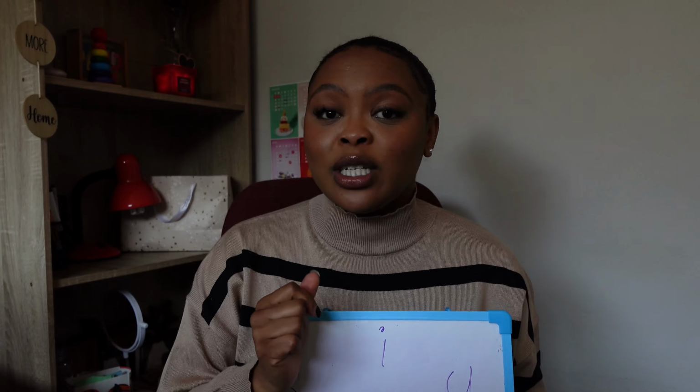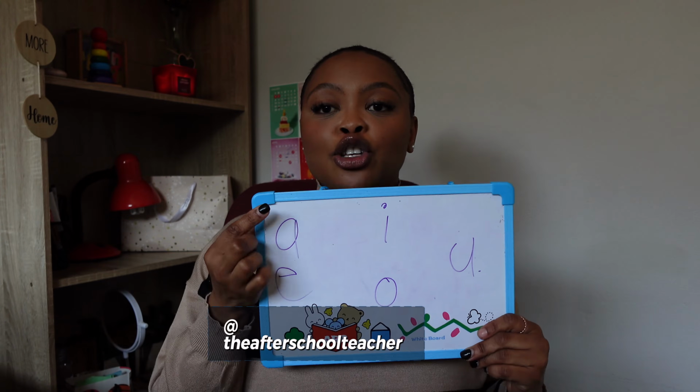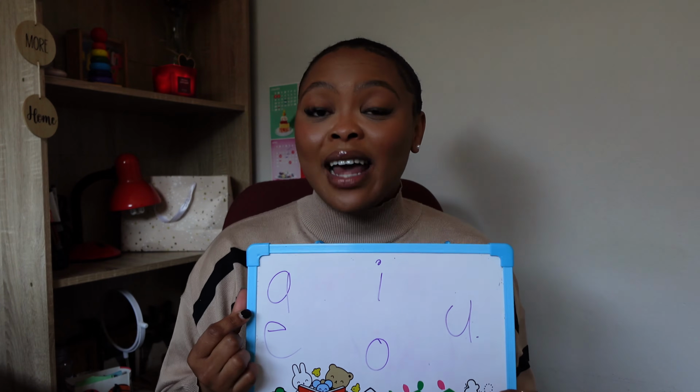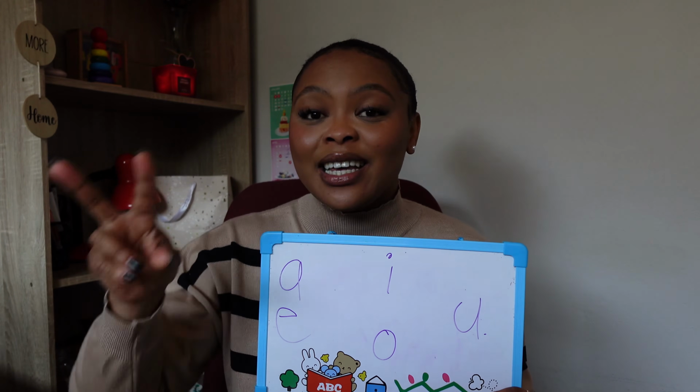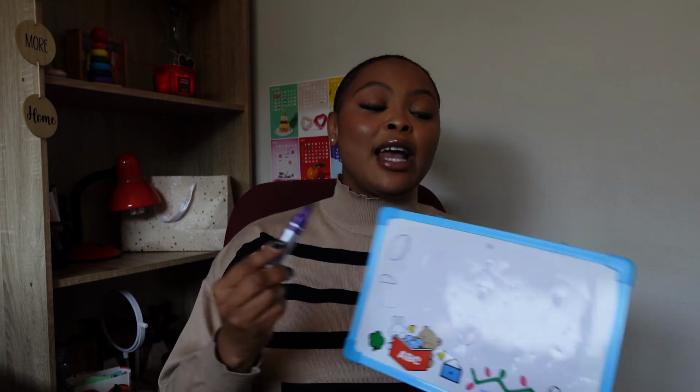I'm just going to write down all of the vowels. Again, this is included in the document which I uploaded on our Facebook group, that is at the After School Teacher. So we have variations of A, that means different letters or different vowels that come together to make the sound A. Let's take one for example.